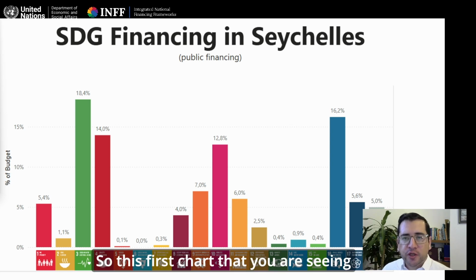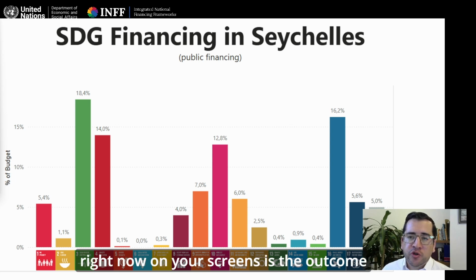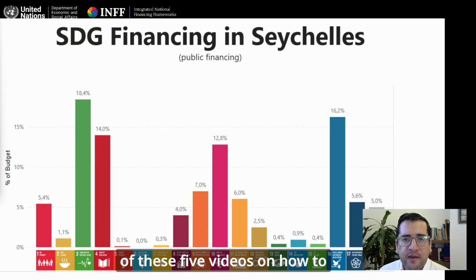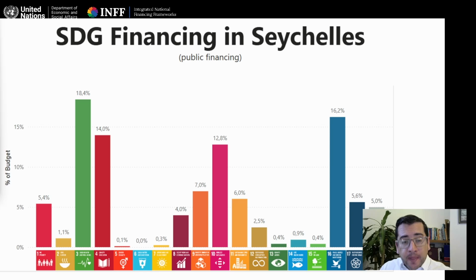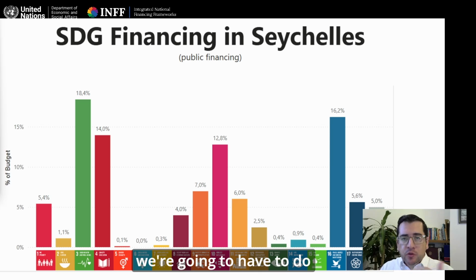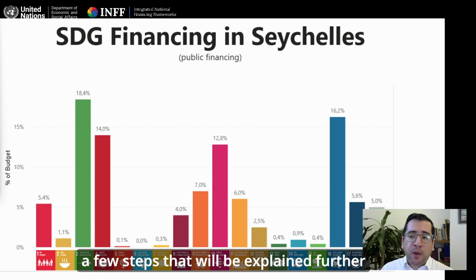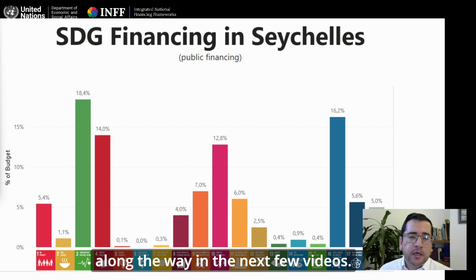This first chart that you are seeing right now on your screens is the outcome of these five-part videos on how to replicate an SDG budget tag. We're going to get to this, but in order to get to this, we're going to have to do a few steps that will be explained further along the way in the next few videos.